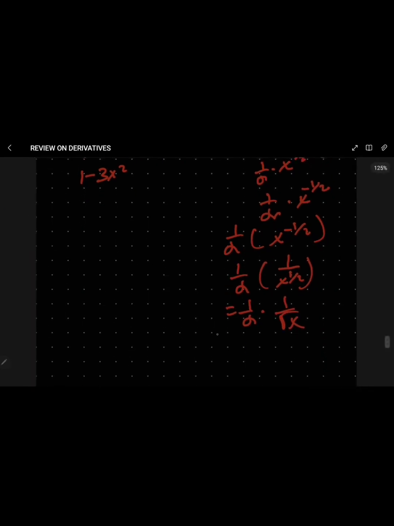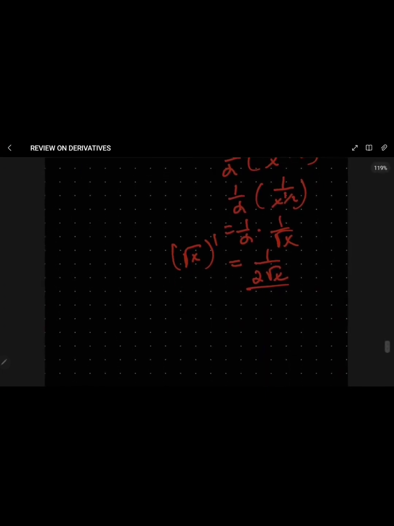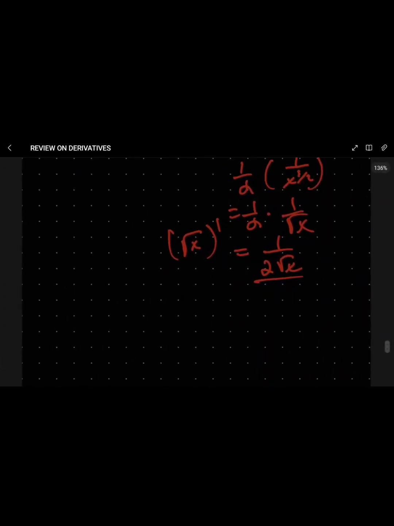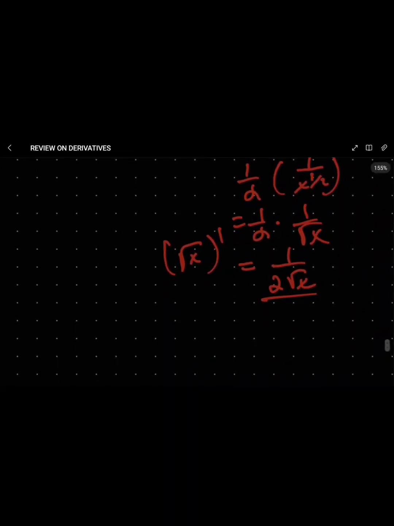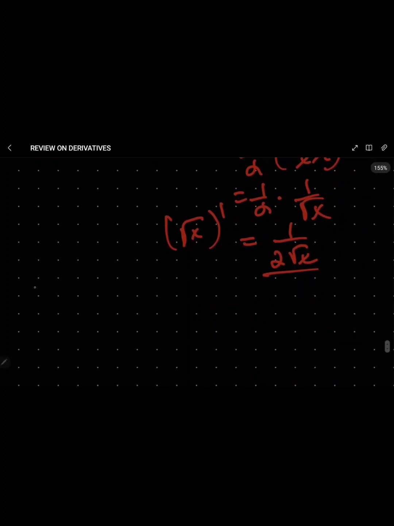The derivative of root x is 1 over 2 root x. All right, so this is the derivative of the first one. Let me rewrite the function again because of the space I have. So L is equal to root x, and the L derivative is 1 over 2 root x.